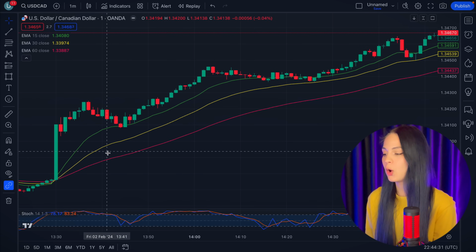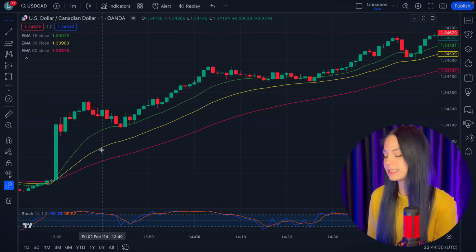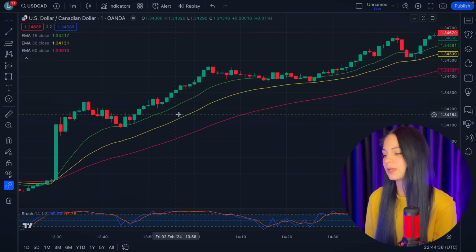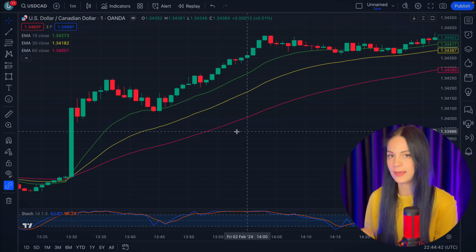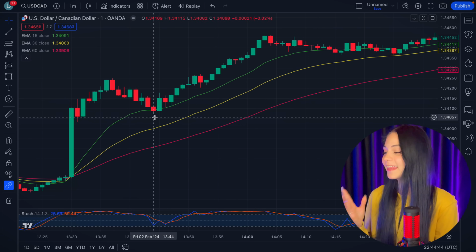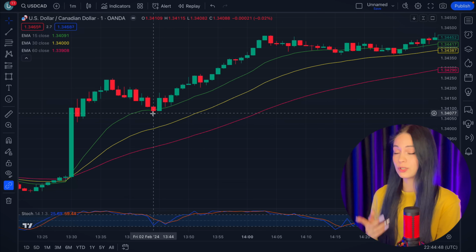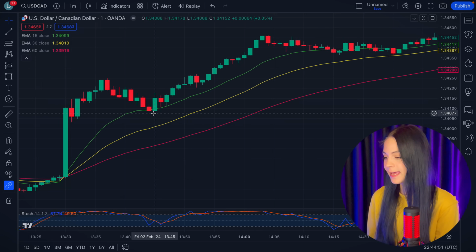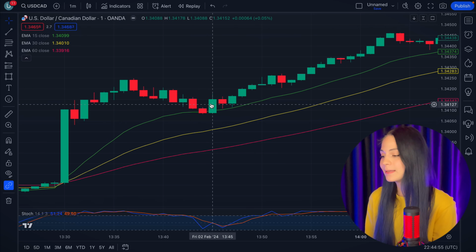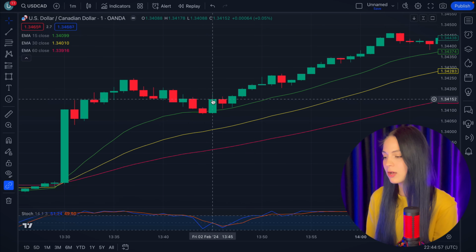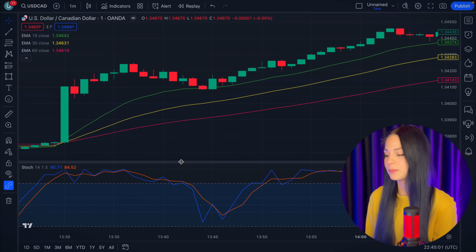Of course, we are waiting for the right formation, so a big green candlestick, an uptrend that we see on the chart, all the lines are separated, it's green, yellow, red, sorry, lines. Then we are waiting for the price to touch the first exponential moving average, the green one in this case. Then we are looking, let's get closer, for when the price is bouncing off the exponential moving average, and additionally we need to see the confirmation from stochastic.